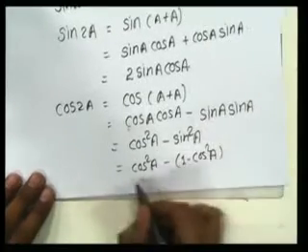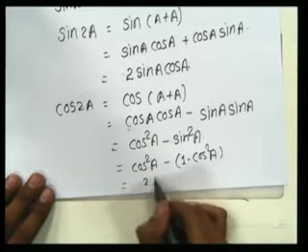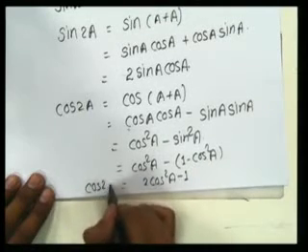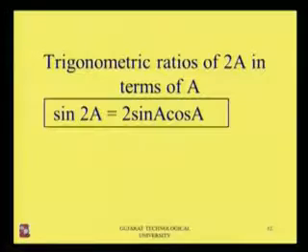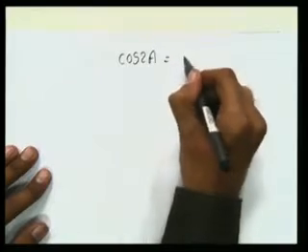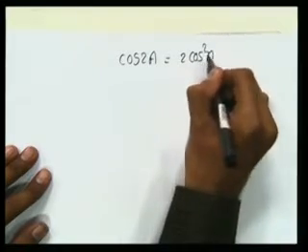So we are getting 2 cos² A − 1 equal to cos 2A.